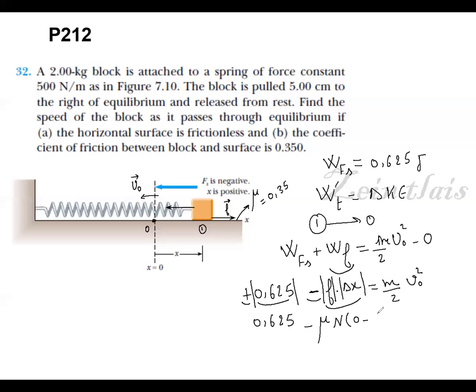Don't forget the absolute value. This is the value of dx, equals m over 2 times VO square.